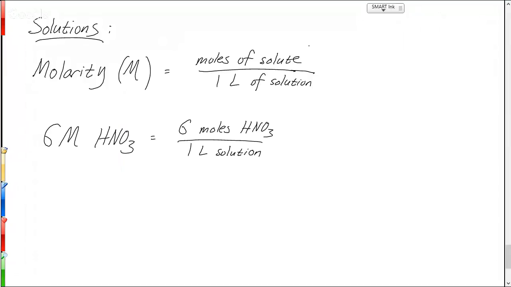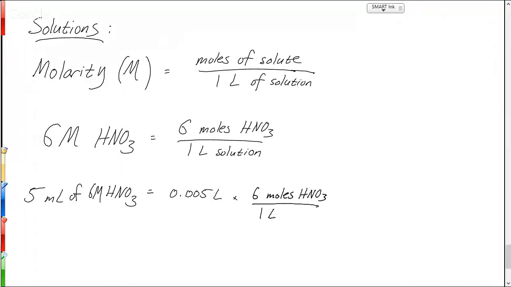So that means that if we had, let's say, 5 milliliters of nitric acid, that's 0.005 liters, or I'm sorry, 5 milliliters of 6 molar nitric acid. That would be 5 milliliters times 6 moles per liter.